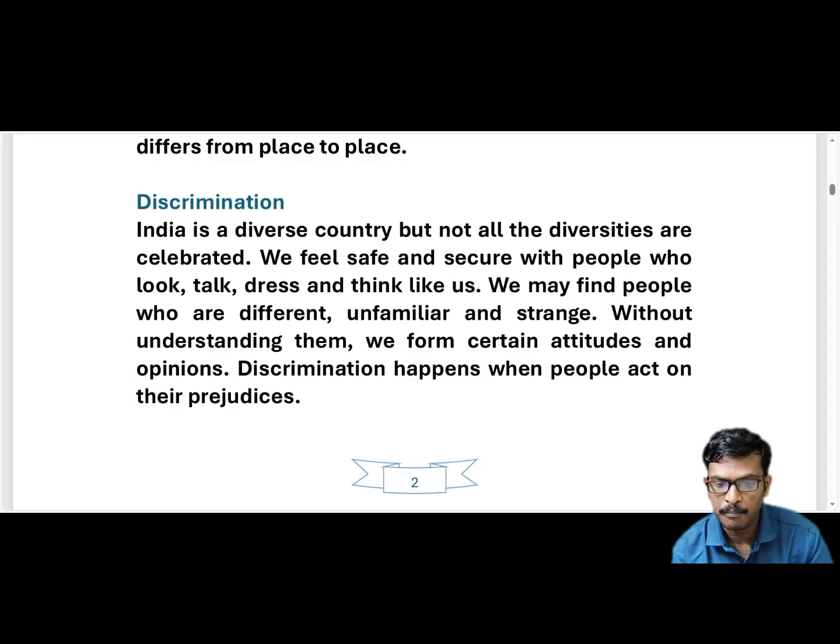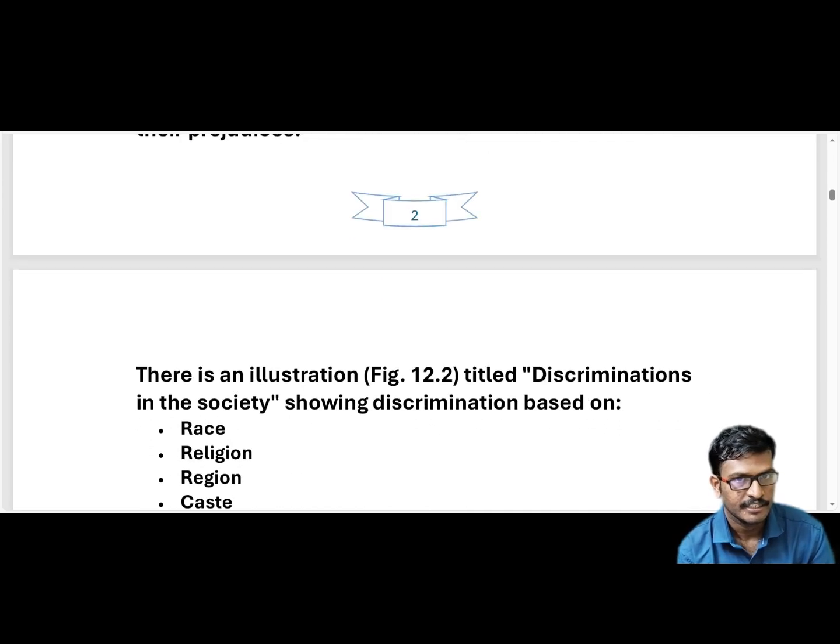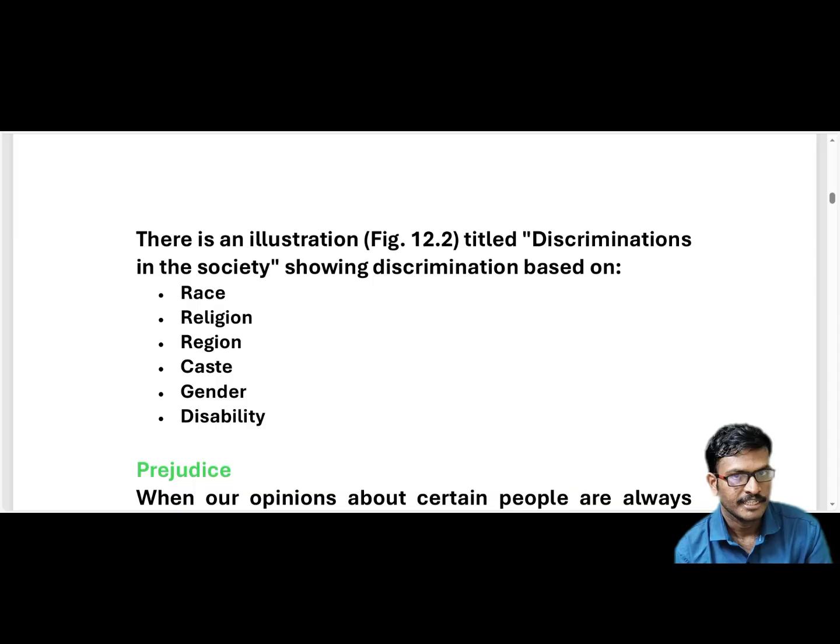When our opinions about certain people are always negative, seeing them as lazy, cunning, stingy and money-minded. For example, some people think he is a money-minded person whose thought process is always profit and loss. We have that kind of negative feeling about that particular person. It is called prejudice.